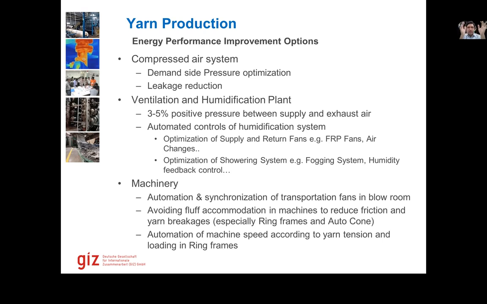So we have to maintain a certain tension in the fiber when it comes from the machine and goes onto the bobbin. To maintain that tension, we also have to maintain the machine speed. If we can apply variable frequency drives there, measure the tension, and vary the machine speed accordingly, we will have less yarn breakage, fewer quality issues, and optimized energy consumption. So these are some of the options that are there.